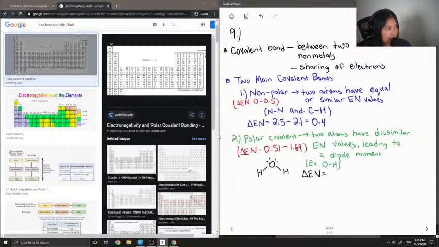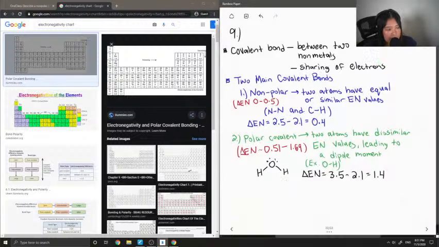So let's look at the chart on the left. The electronegativity of oxygen is 3.5. And the electronegativity of hydrogen is 2.1. So this gives us a difference of 1.4. And you can see that it fits in the range of the polar covalent bonds.